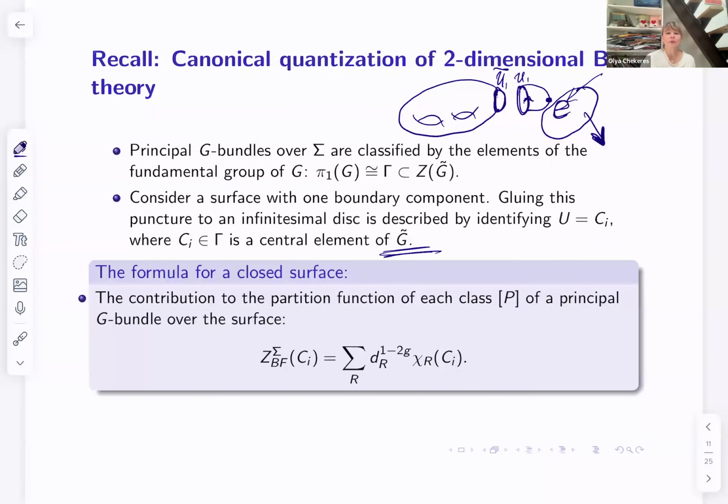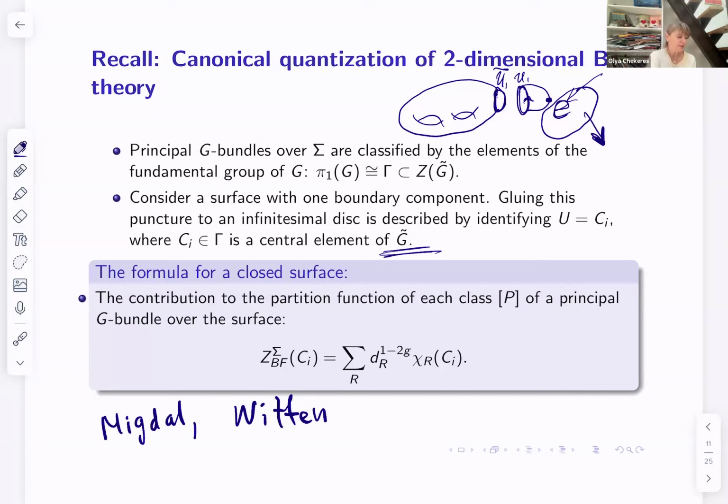So then it is known, it was done by Migdal, and then it was done by Witten as well. Maybe by some other people too. So there is a canonical quantization of two-dimensional BF theory. So we write the partition function.